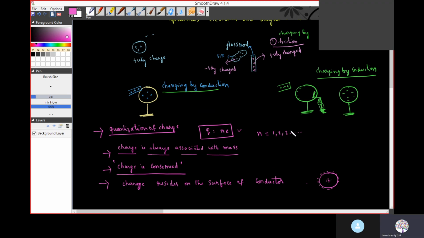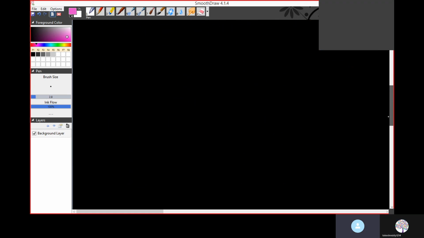Then we write Coulomb's law. What is Coulomb's law?